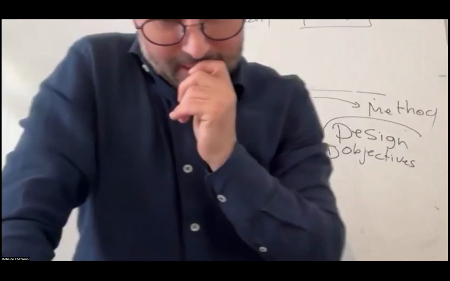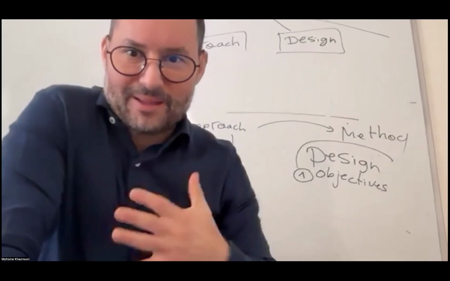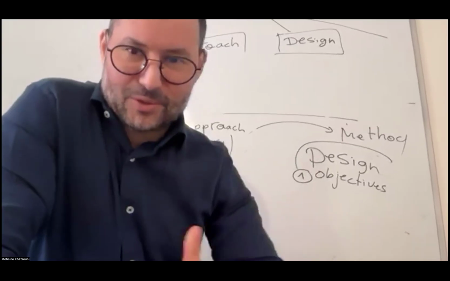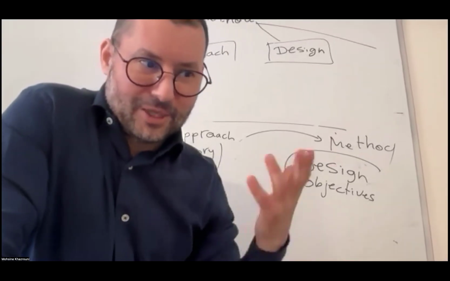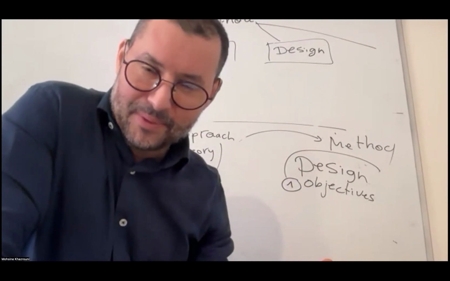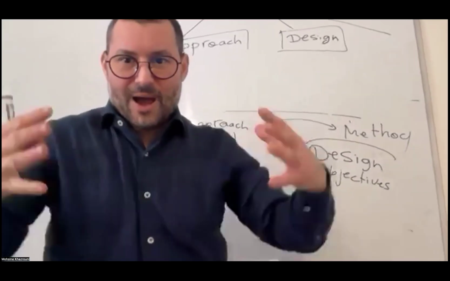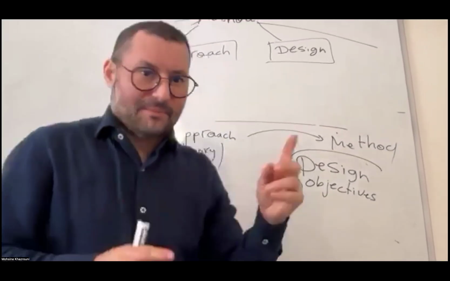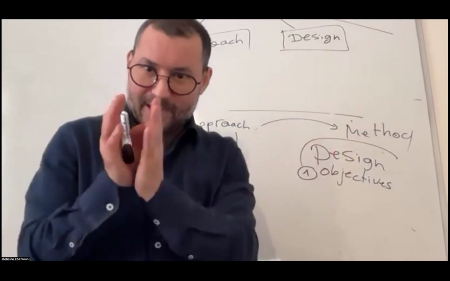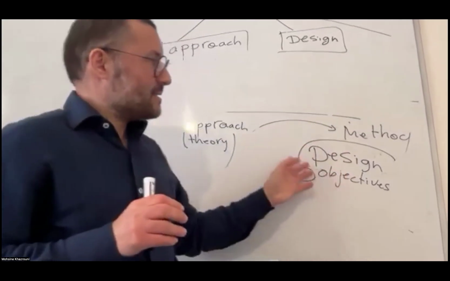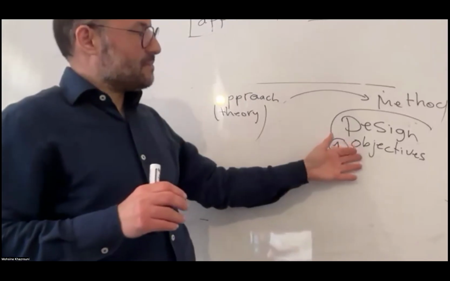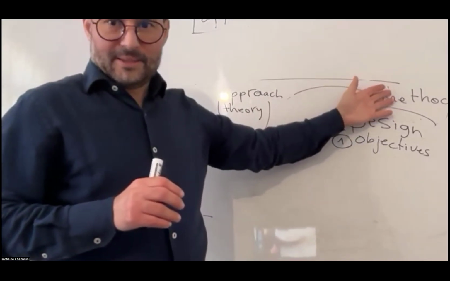Number 2. What's the content of the method? My objective is to teach grammar, or my objective is to communicate orally, or to interact with each other. What is my objective? So my objective should be clear. It is one of the necessary components of a method.